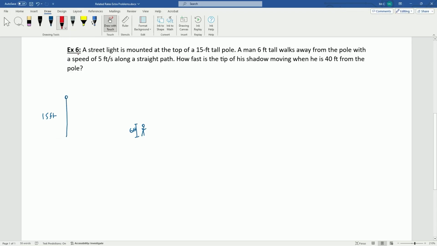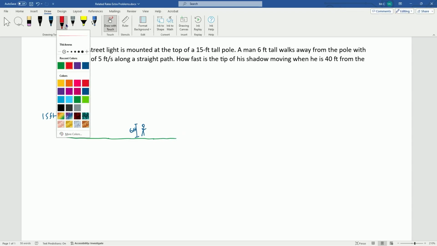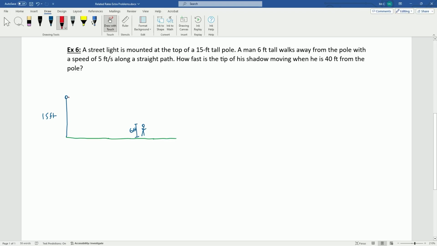And if we put the ground here on the bottom, as we usually do with the ground, we imagine the light coming from this pole is going to eventually cross paths with this guy's head, and that's going to cast his shadow on the ground there. So of course we've got 2 right triangles here. The right triangle with the man's position formed vertically, and the right triangle where the street light is mounted on that pole.